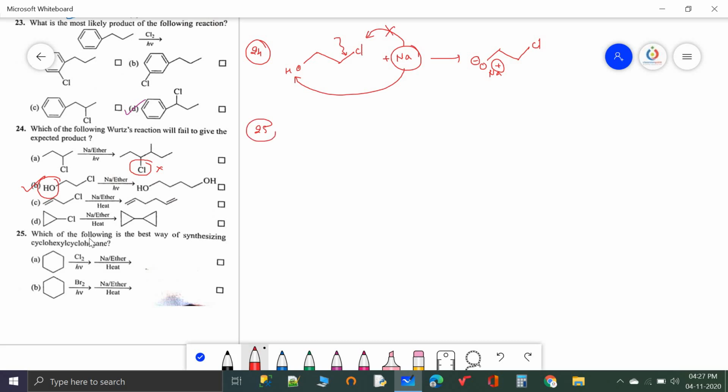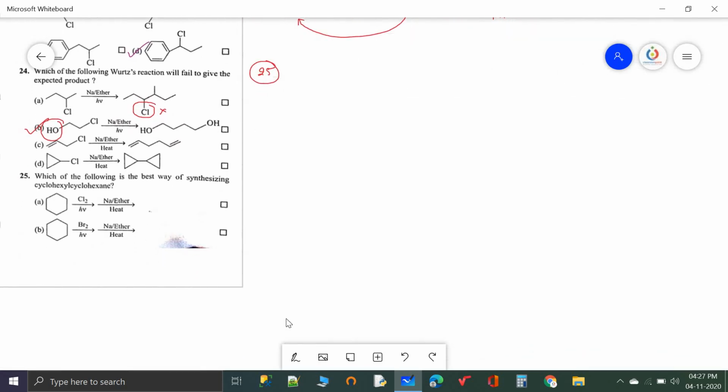Question 25. Which of the following is the best way of synthesizing cyclohexane? Here two more reactions are given, so two more products are there.